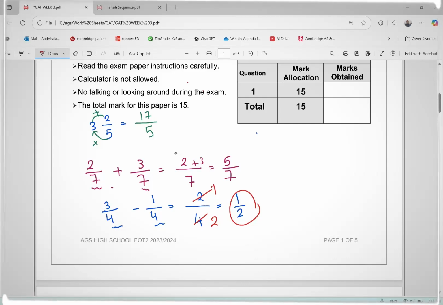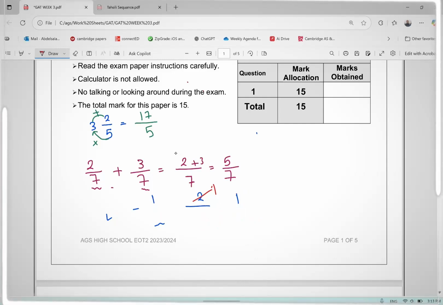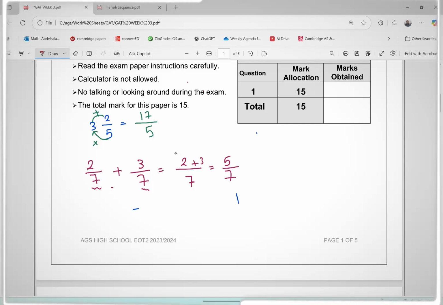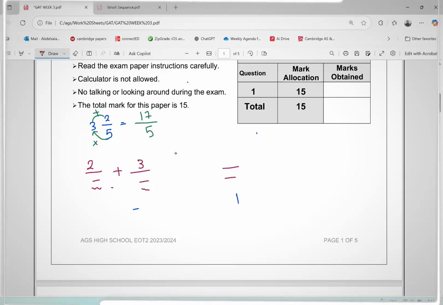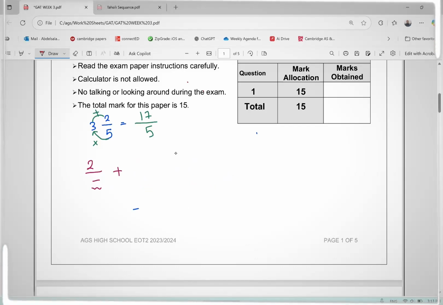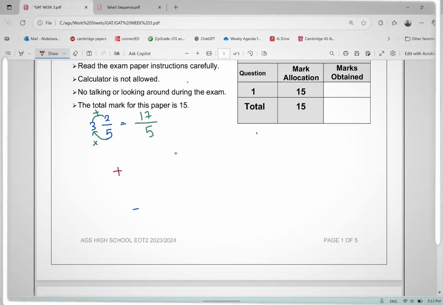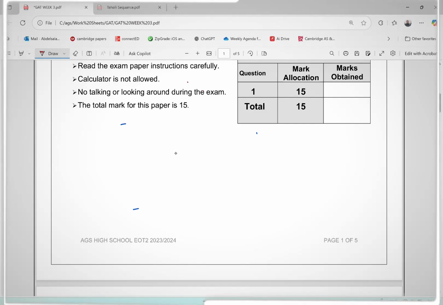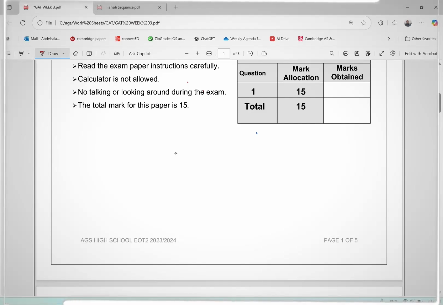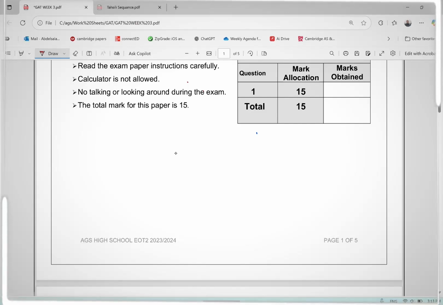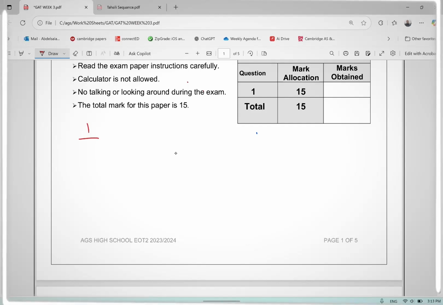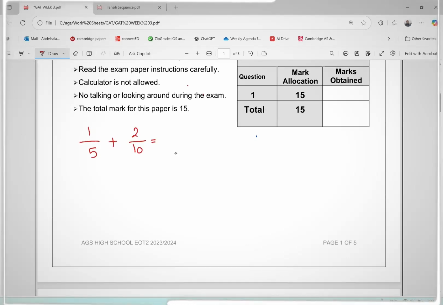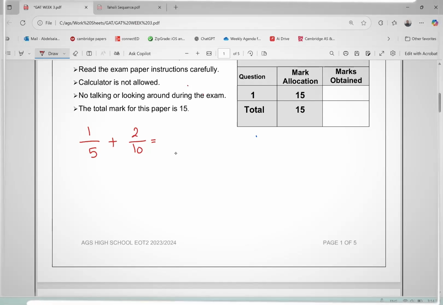Okay, what else? Mister, if I do not have the same denominator? Now we have two main cases here. Let's see how we can add or subtract fractions with different denominators, or unlike fractions. If I have 1 over 5 plus 2 over 10, try to solve these questions alone.